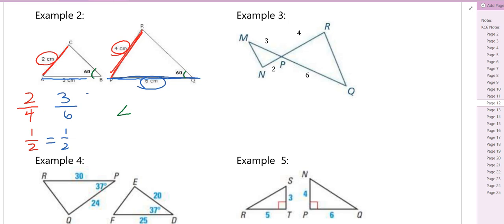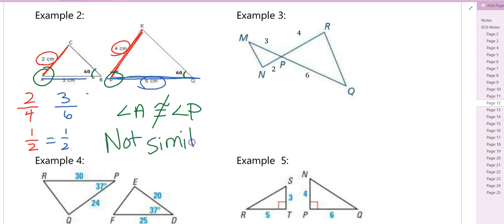The angle that's in between that we need to look at is angle A. And the angle that's in between both those sides is angle P. And we don't know what those are. So these in fact are not congruent. They're not similar. So therefore these triangles are not similar because I don't know what angle A or angle P is, and I don't have another angle to figure out what those missing angles are.